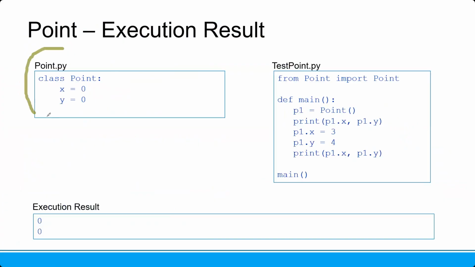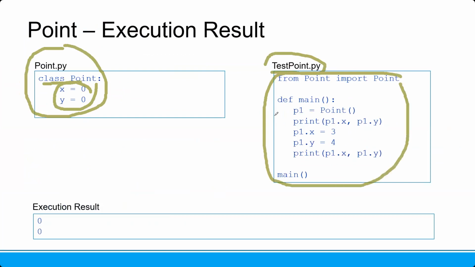We have the point.py, which is a class, and there are two data, which is x and y, and we have a test point. So the test point means we want to call this class and we want to do something on the class.